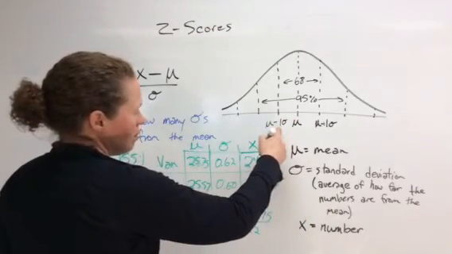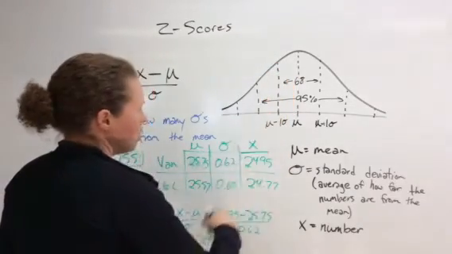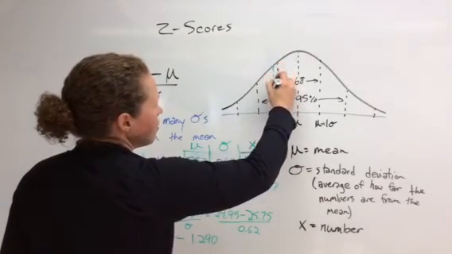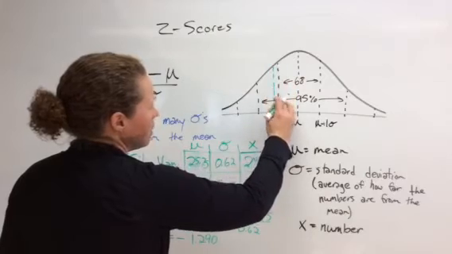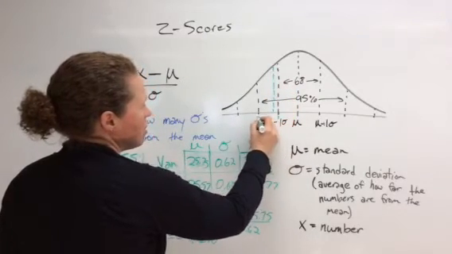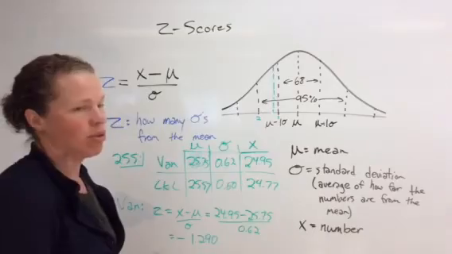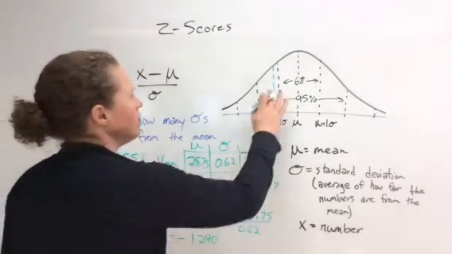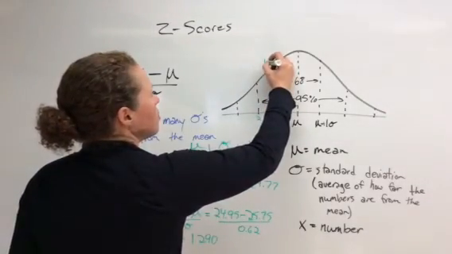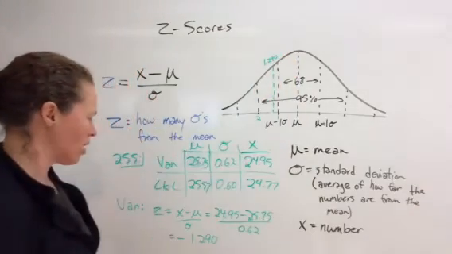But here's 1. So 1.290 would be right around in here, because this is 1 and this is 2. So 1.290 is about 1.3, about 1 1/3. So I'm just going to put 1.290 up there to keep track of it.